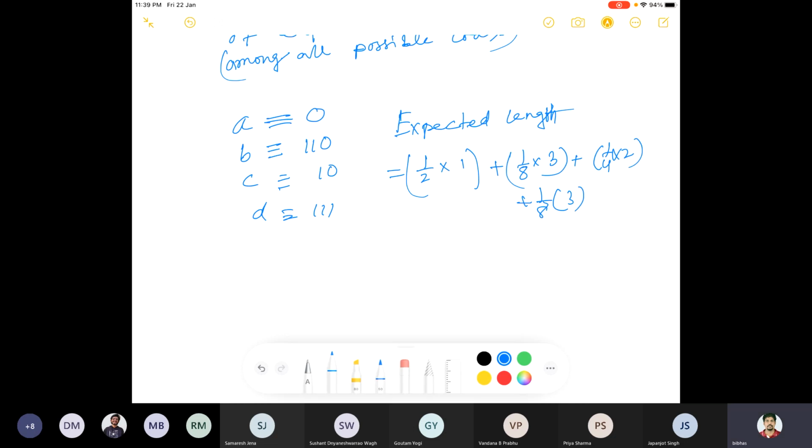For a random variable, we just need the probability distribution, which is given to us. So it is minus half log half, minus 1 by 8 log 1 by 8, minus 1 by 4 log 1 by 4.